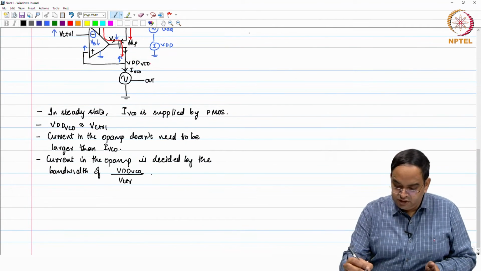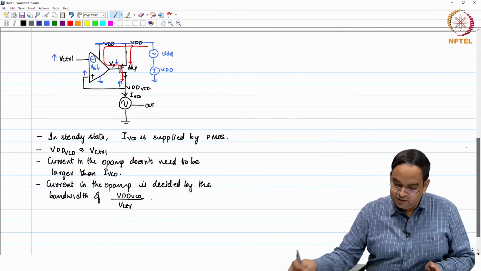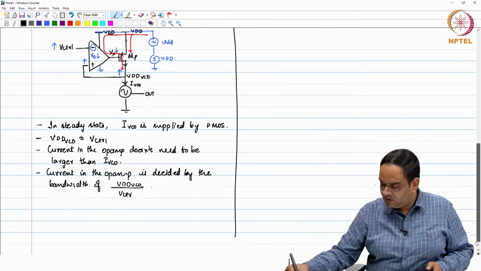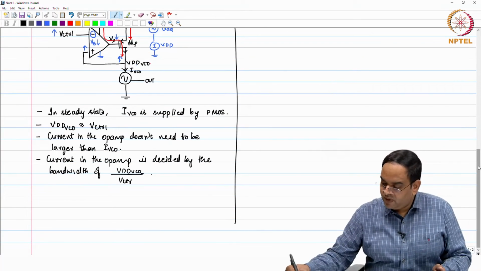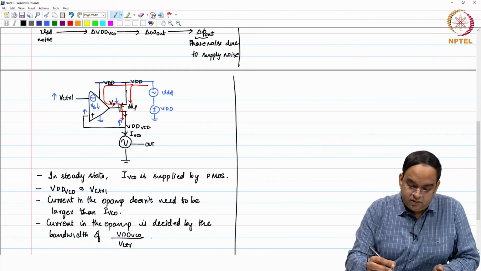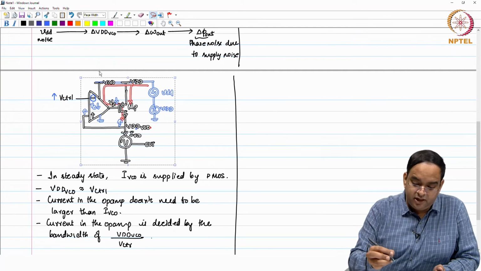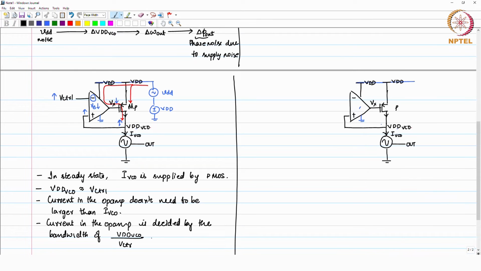So, let me just show you, because it is a long time since we have seen the PLL block diagram. So, where will this block come? We can just take this block here and build our PLL around it. So, you have the supply here, this is fine.